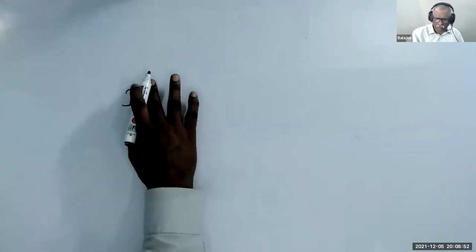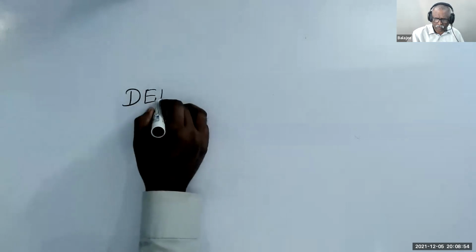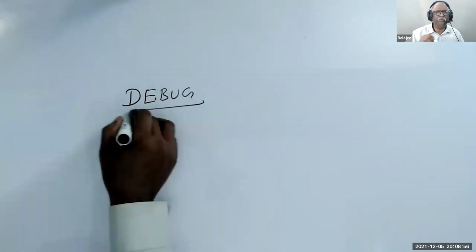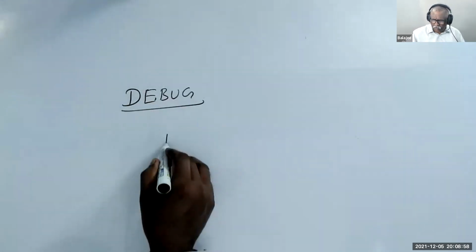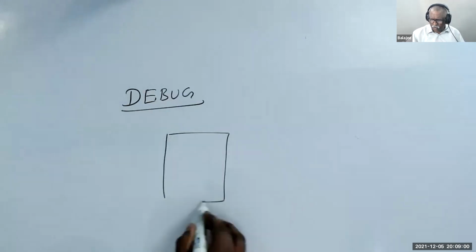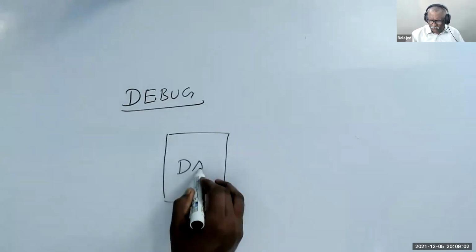So let us first discuss the debug interface. They have something called the debug access point.